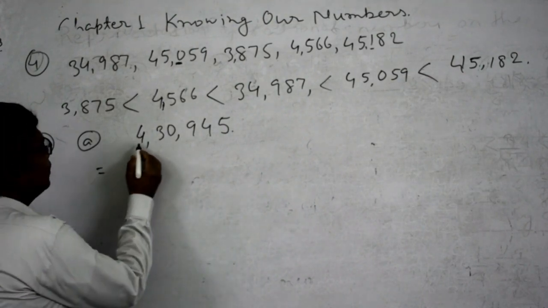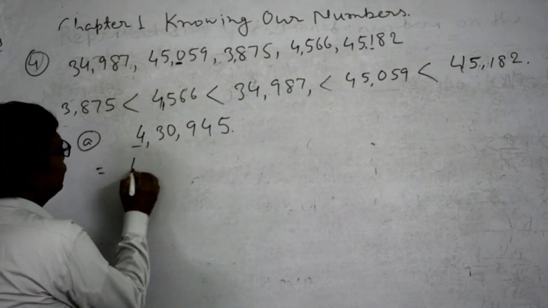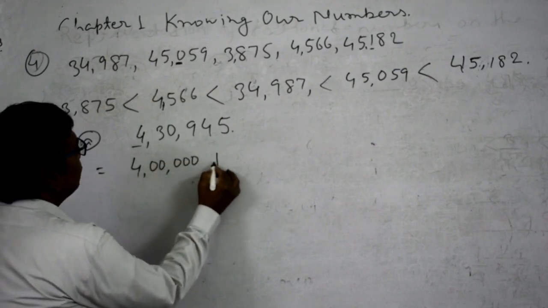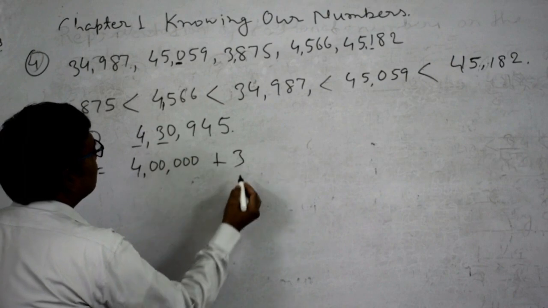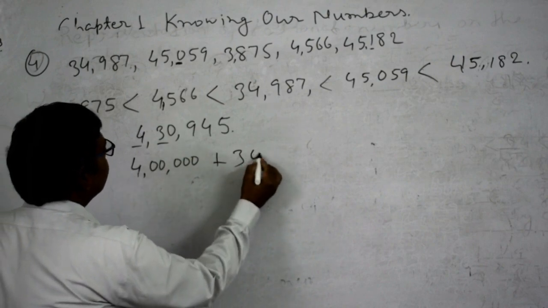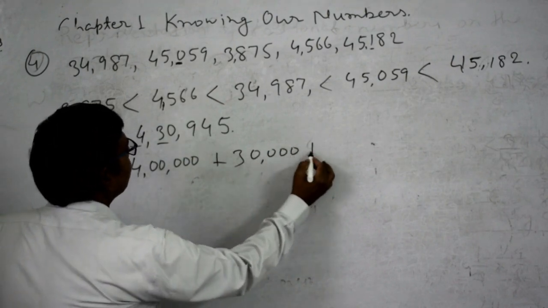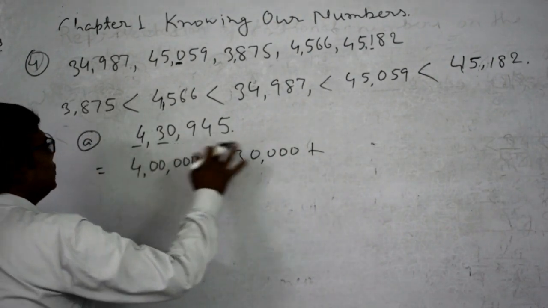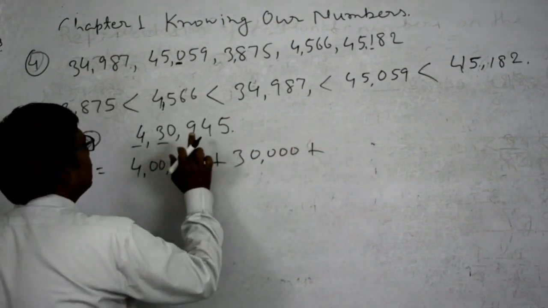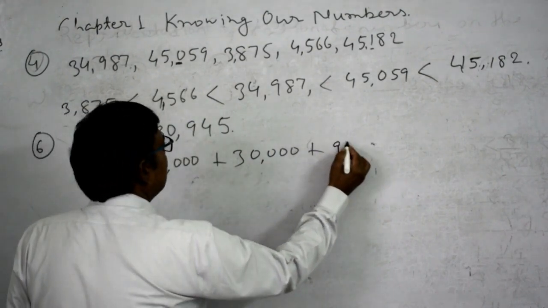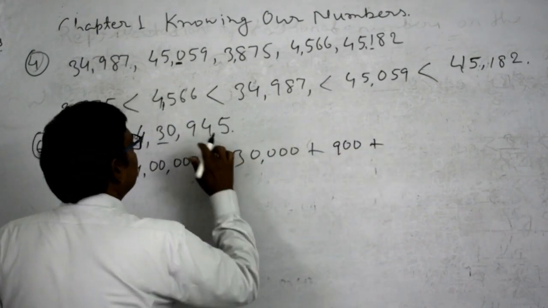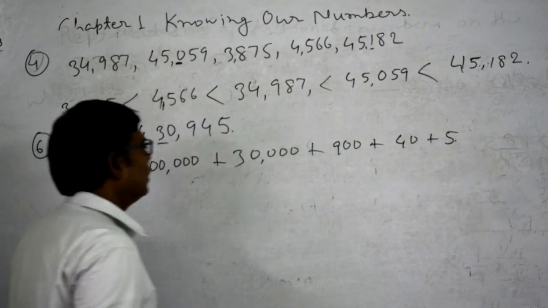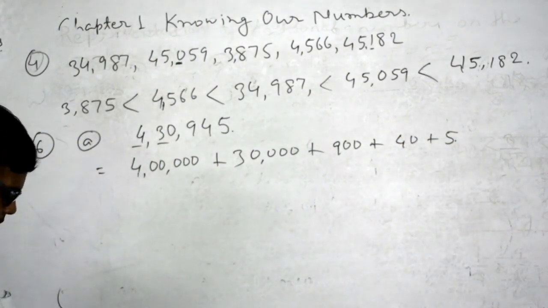So what is the place value of this? 4 lakh. So you write this plus the place of this is 30,000 here. Then plus here 0, so don't write it because the value of 0 will be 0 here. So just skip this and then write for 9. It is here 900 plus it will be 40 and then 5. So this is the expanded form of this number.